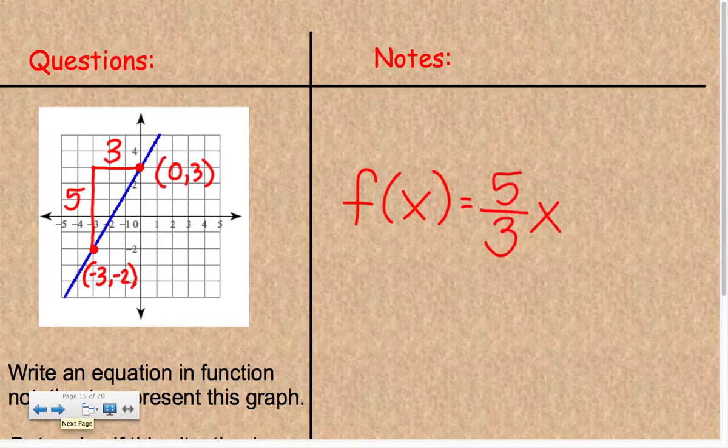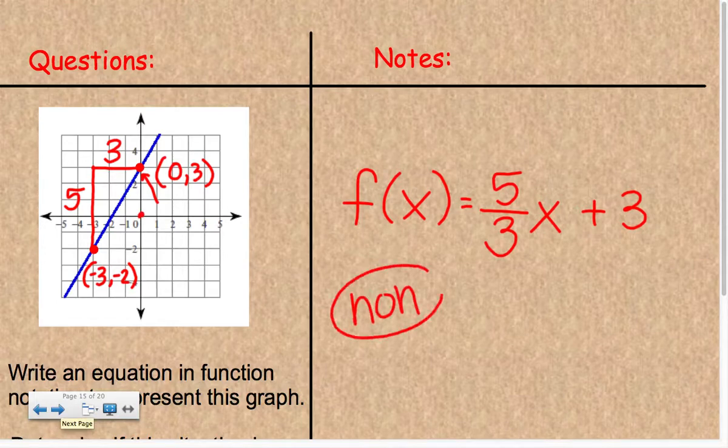The line crosses the y-axis at positive 3, and I got that from right there. There are two ways to figure out if my graph is proportional. If it goes through the origin (0, 0), which no, it does not, so it is non-proportional. I can also look at my y-intercept. My y-intercept was plus 3. It needs to be 0 for it to be proportional.